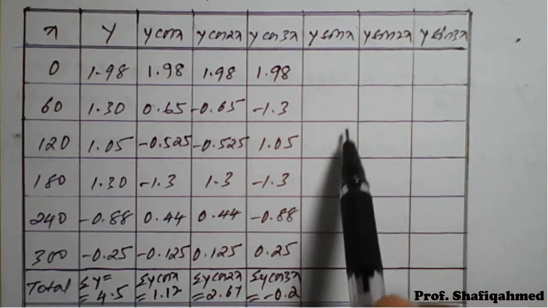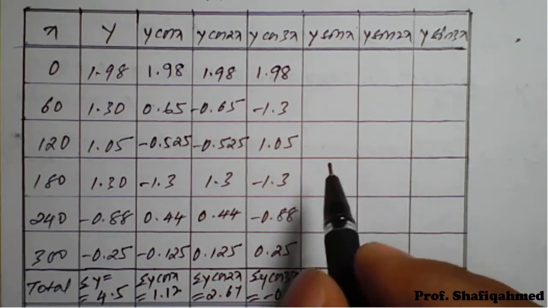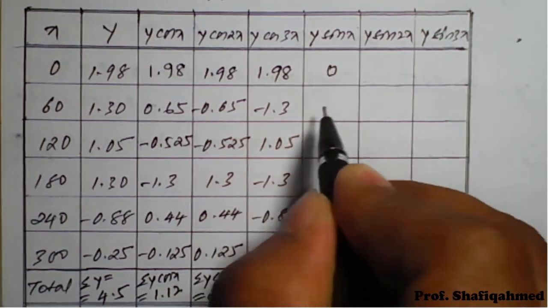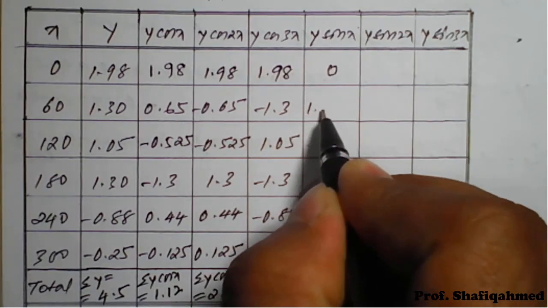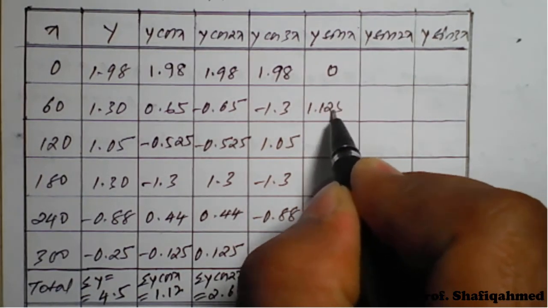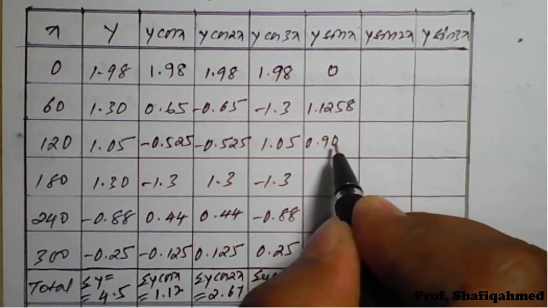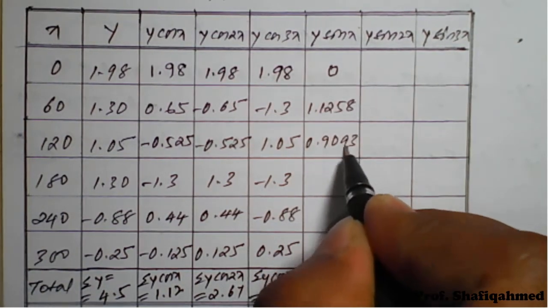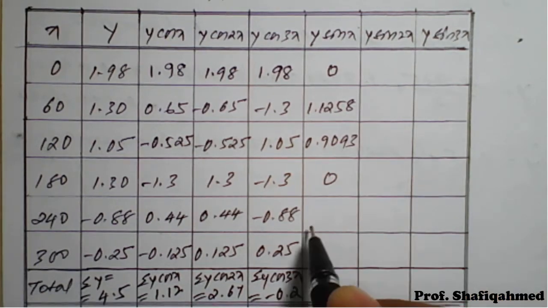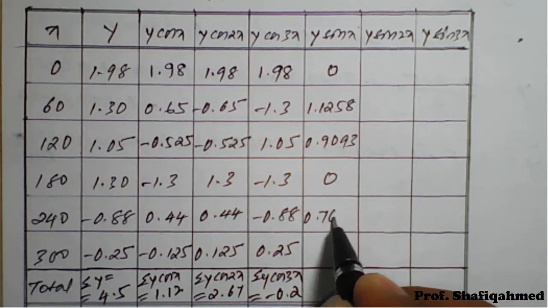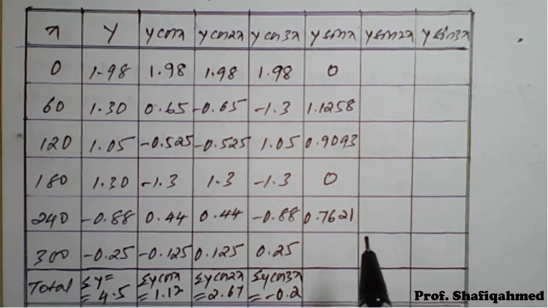Similarly, we need to calculate for y sin x. The first value will be 0. Second is 1.1258. Next is 0.9093. Next is 0. Then 0.7621.